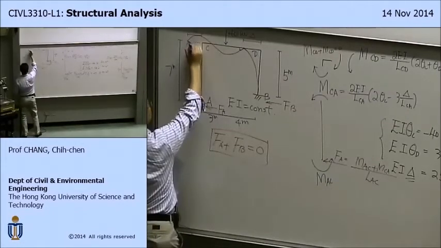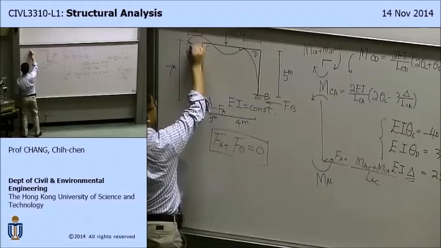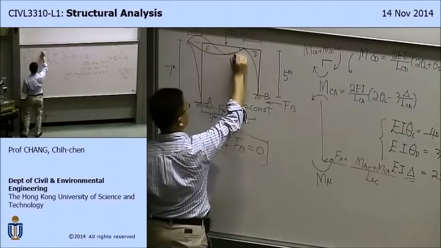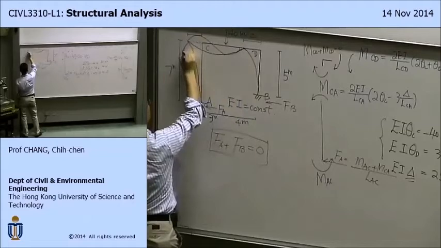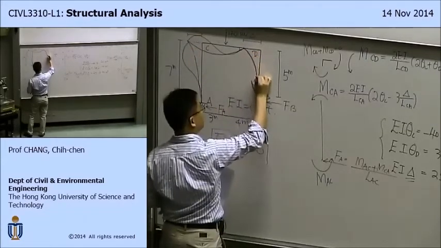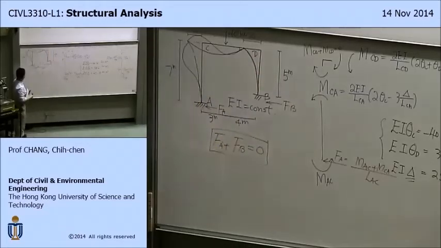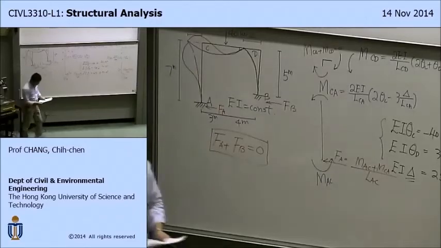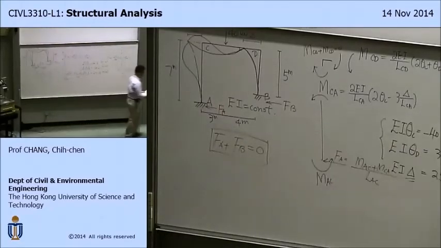So as a result, the deformation shape looks like this. All right, so that's the correct deformation shape. Okay, so your answer will tell you the correct deformation shape once you obtain it.